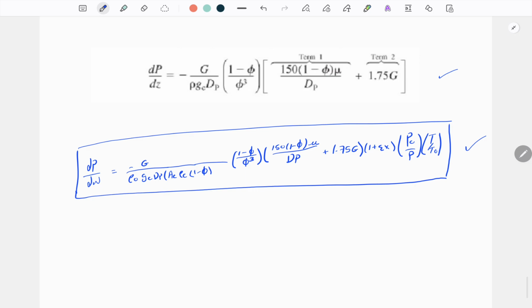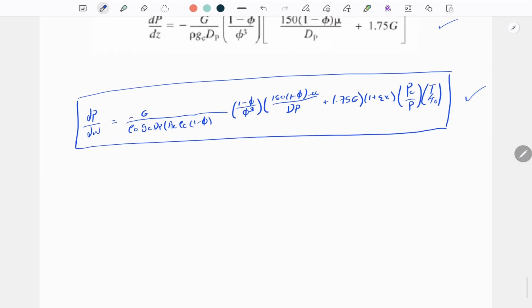This equation here can be simplified more. If you see this group of variables all the way to here, they're all constant, so we can represent that with the letter alpha.